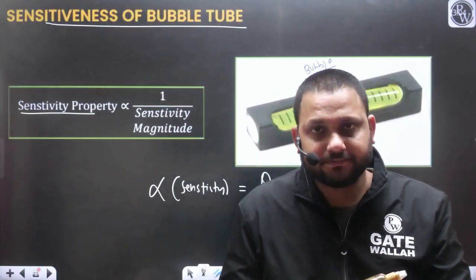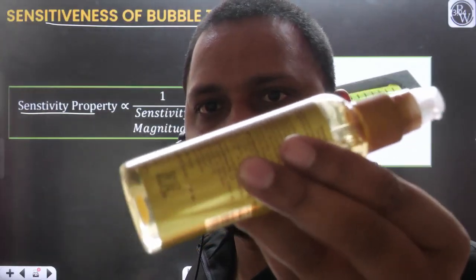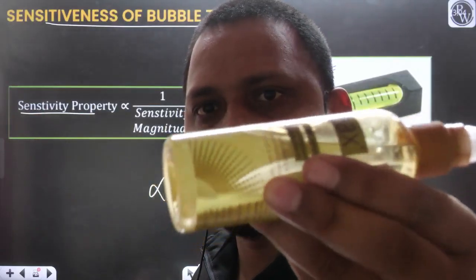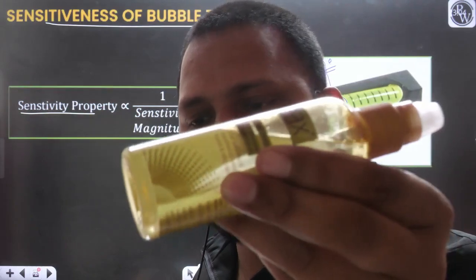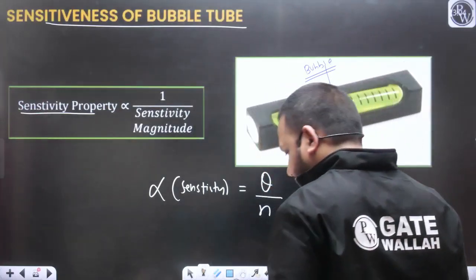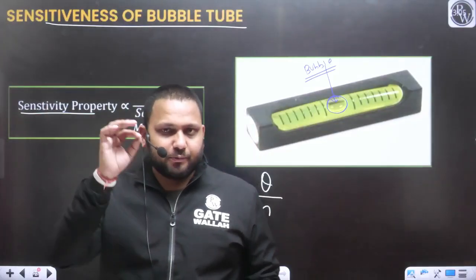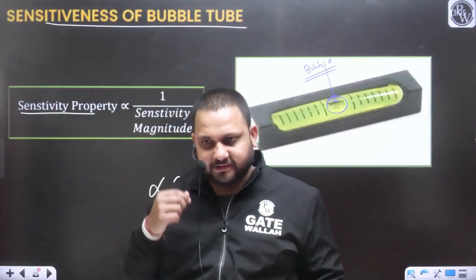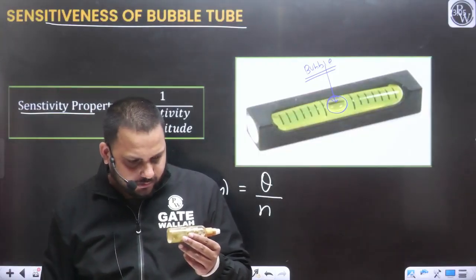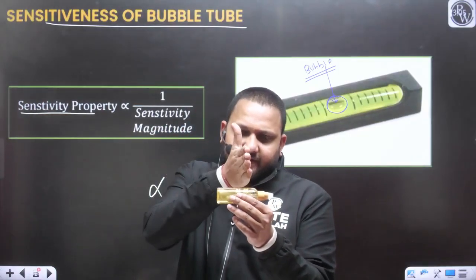Let's see again. Now clear? Let's come to the main discussion and listen carefully. If I want to move this bubble one division, let's say here are the divisions.